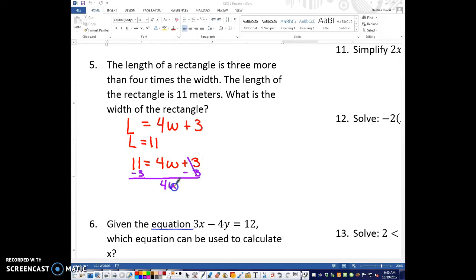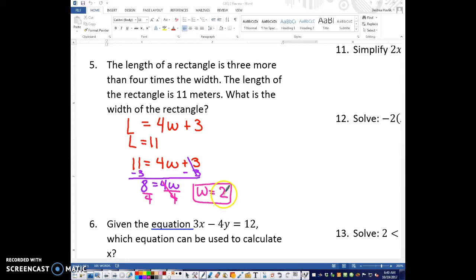So we have 4W equals 11 minus 3, which is 8. Can we multiply or divide? We can divide by 4. So W equals 8 divided by 4, which is 2. So your width is 2.